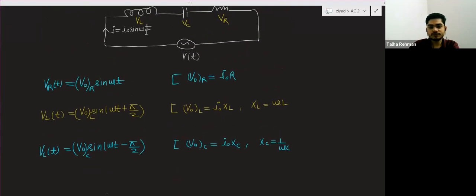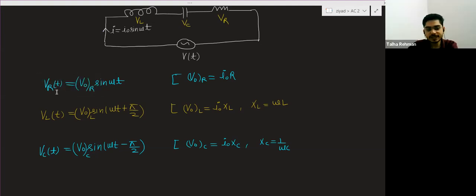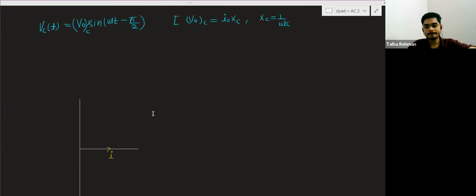In case of a resistance circuit, voltage and current are in the same phase, or you can say in the same direction. So the voltage across the resistance will be in the direction of the current.